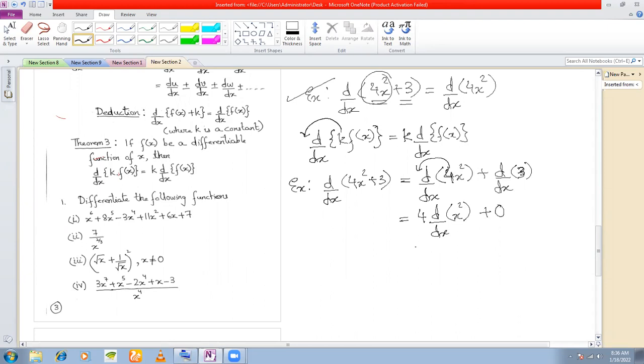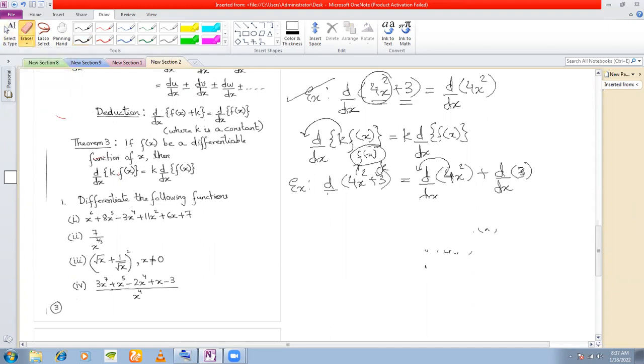So you can write this as 0. Instead of taking this 4 out, you can keep this 4 here. Now we are simply getting d/dx of 4x square. So differentiation of f(x) plus a constant, you only got the d/dx of f(x). That is how, this is a very important example where you can take the differentiation out.